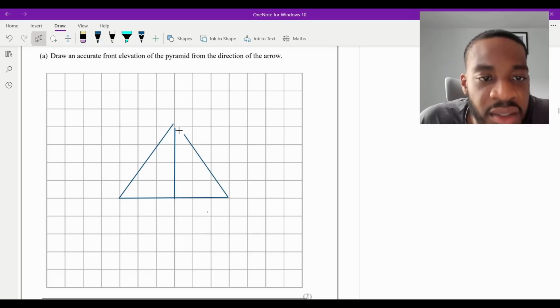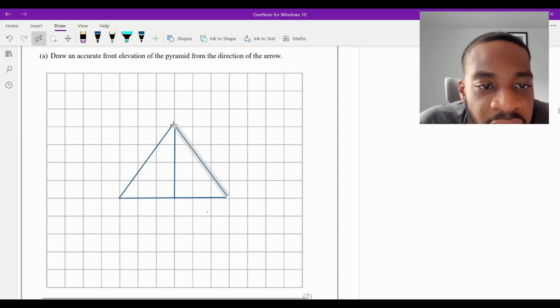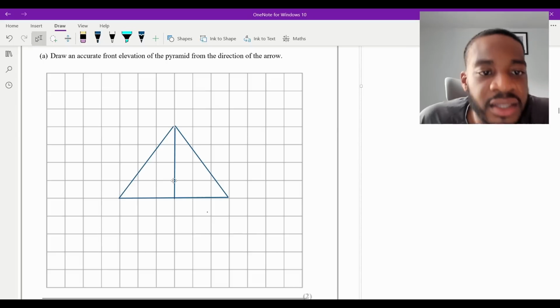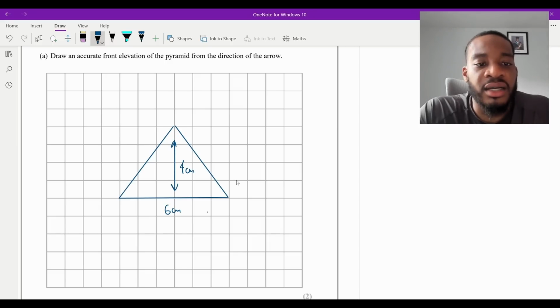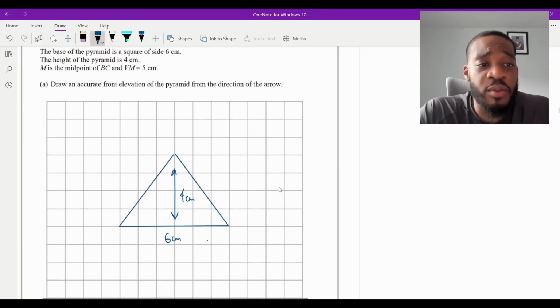Let me just make sure that's in the middle, and then that would be it essentially. Rub that out, and then this is going to be 6 centimeters here, and then this one is going to be 4 centimeters, like that. And yeah, that would be it for part A.